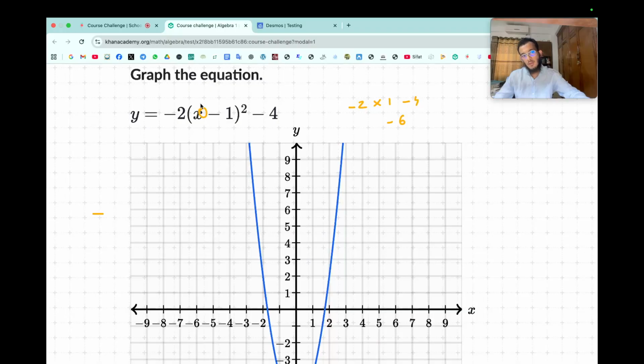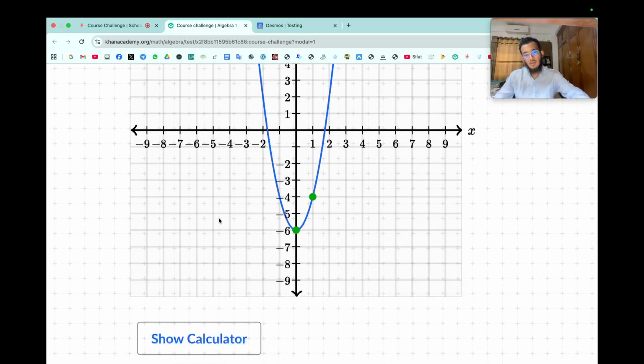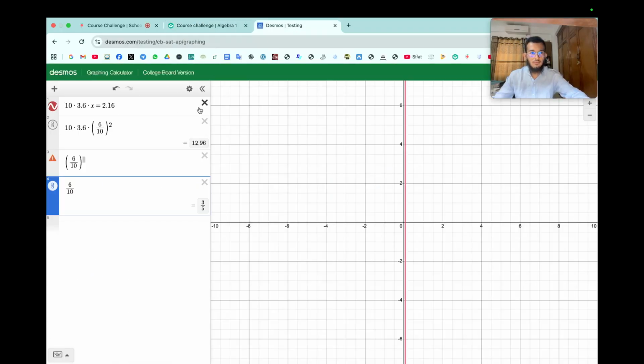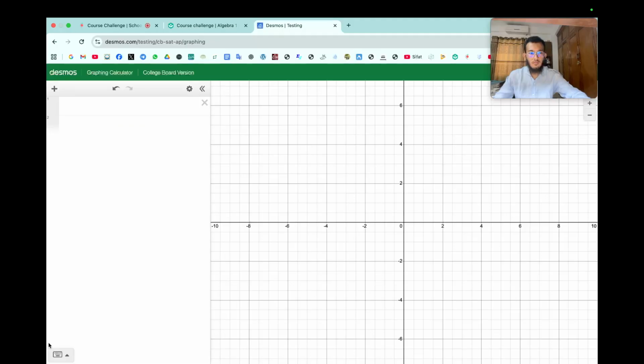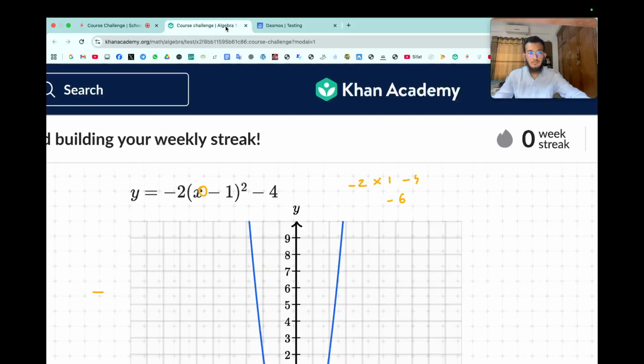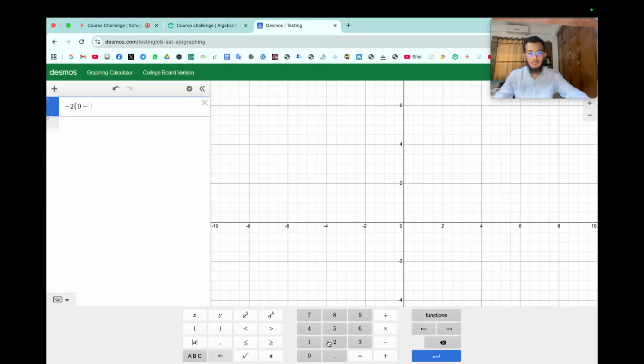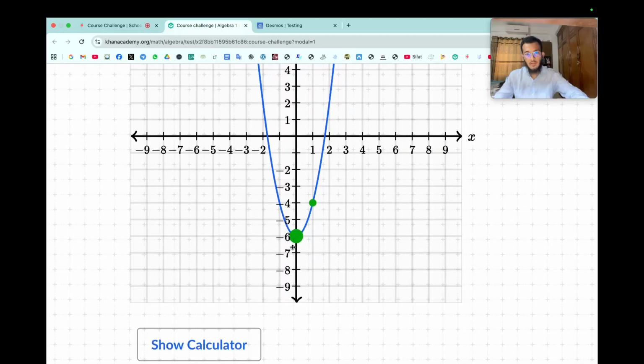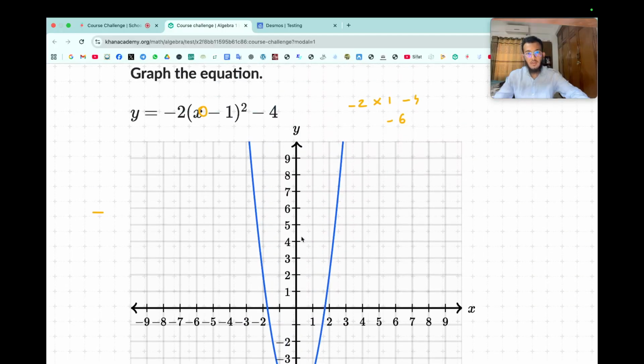So we have y equals negative 2 times x, which is 0, minus 1, whole squared, minus 4. We have minus 6, so the y-intercept is minus 6.